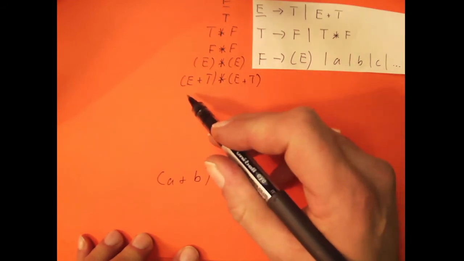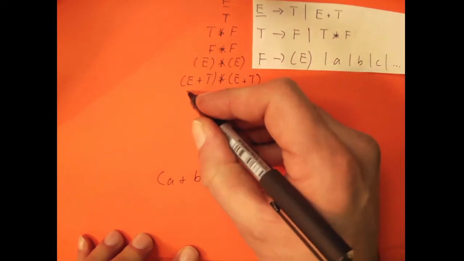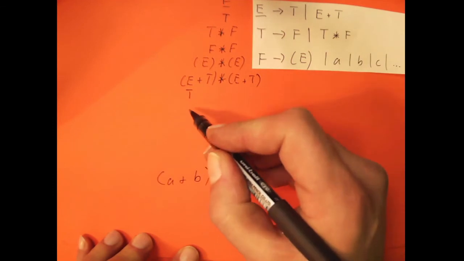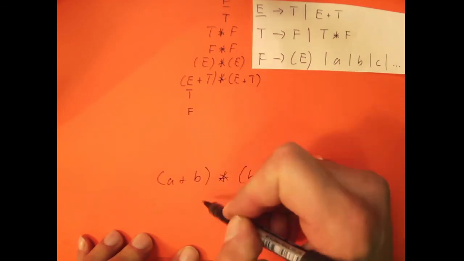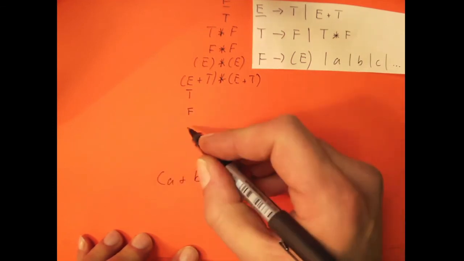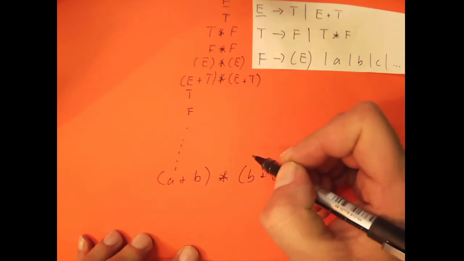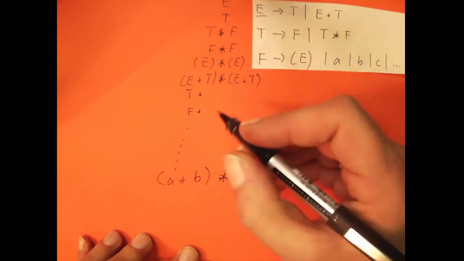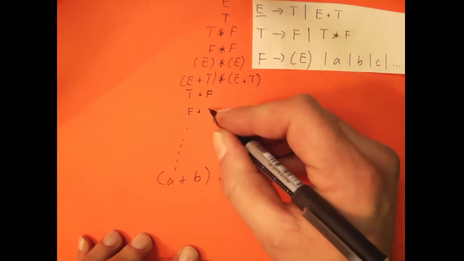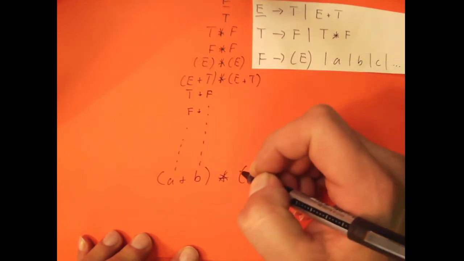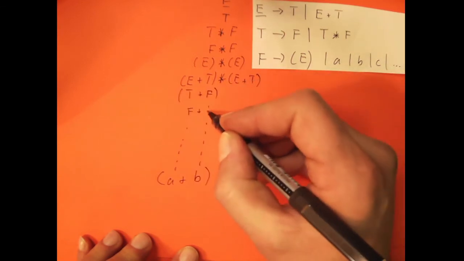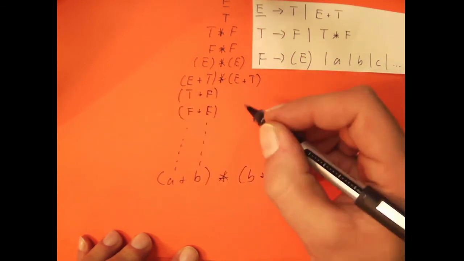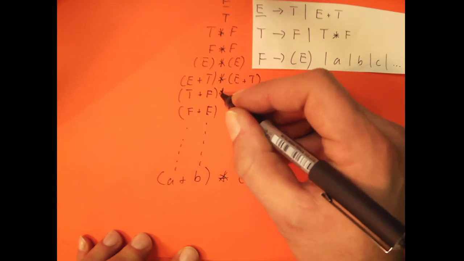So E must be replaced again by T, and T must be replaced again by F, and then F can be replaced by A. Okay, and then we keep the plus, so T can be replaced by F, and F can be replaced by B. So we have this scenario, and the same here.